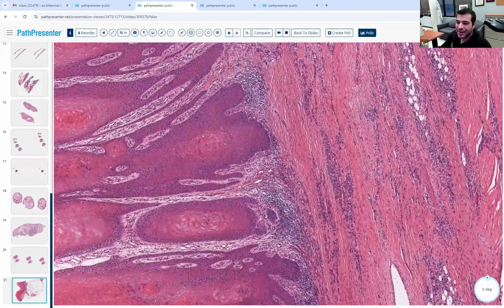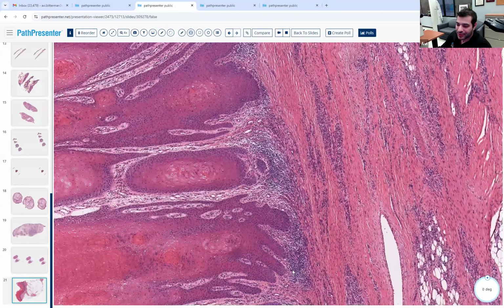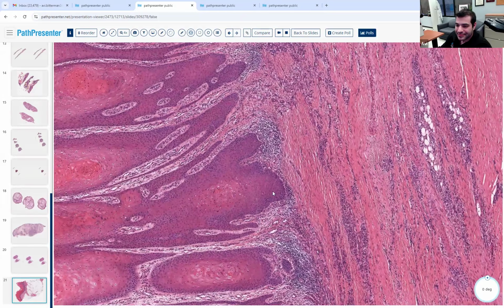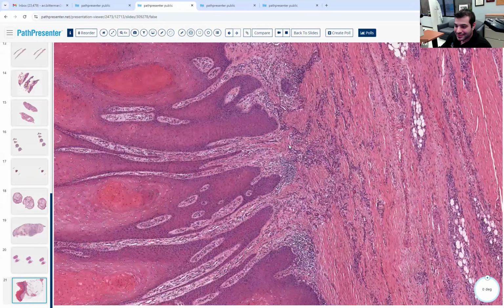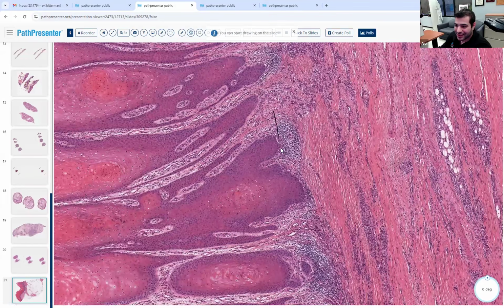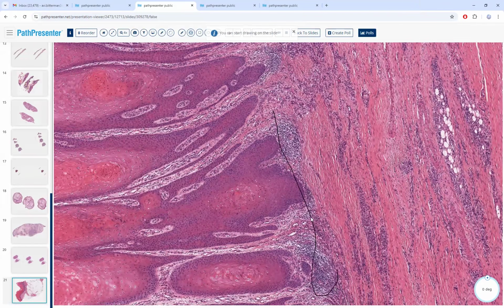And what about the junction of the tumor and the dermis at that pushing border? What do you see? Lymphocytes. Inflammatory, right.